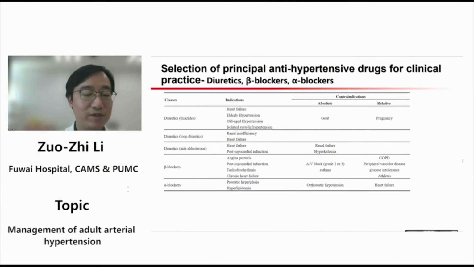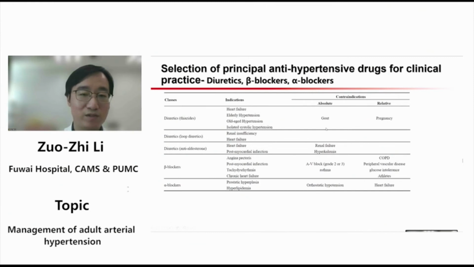They can be used in patients with heart failure so as to reduce the blood pressure, and also in patients after myocardial infarction. But we should note in patients with gout, thiazide diuretics should not be used because of absolute contraindications, and they should be used with caution in pregnant patients.